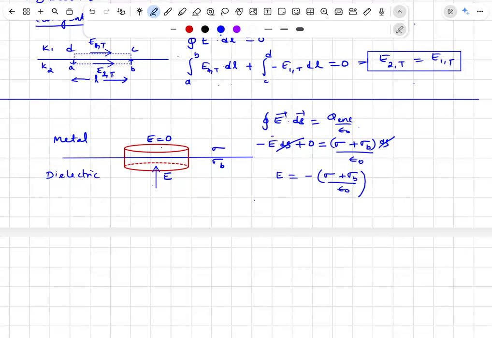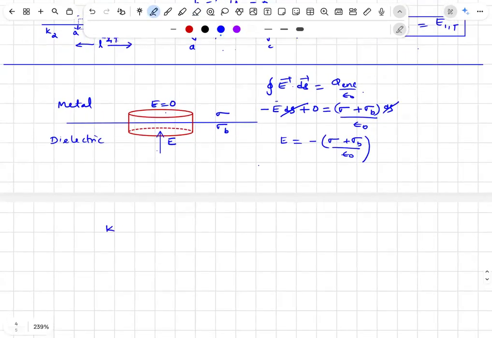Now what we are finding here is, if I am using Gauss law in dielectrics, integral K E bar dot dS bar is sigma times dS, Q free. Okay. So E is sigma by K epsilon.